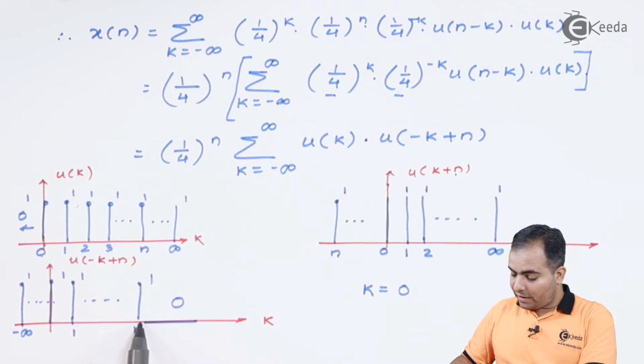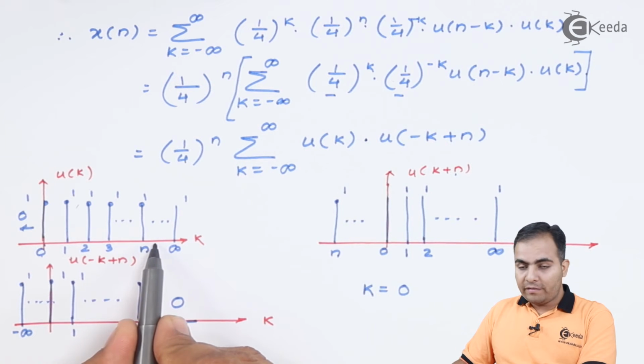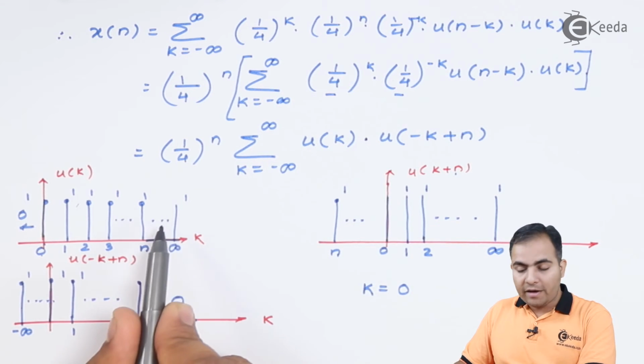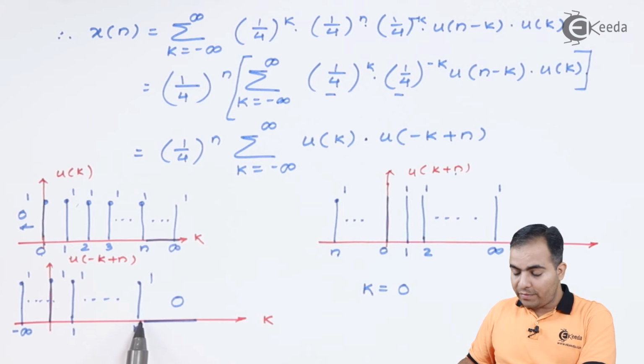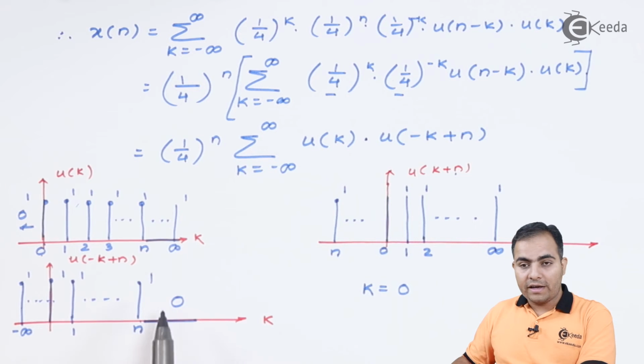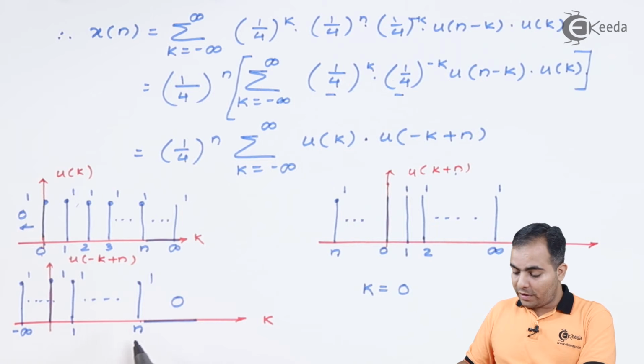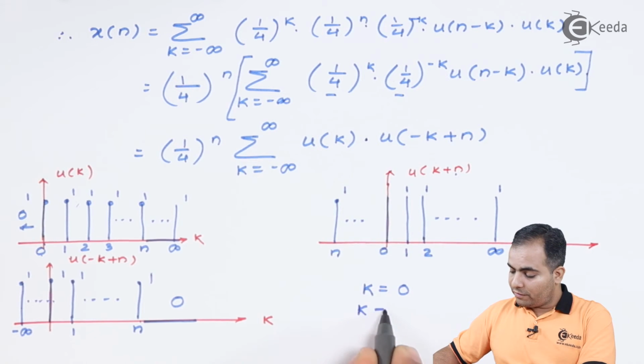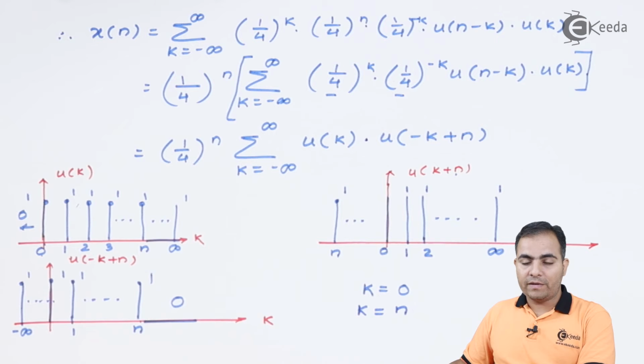The sample values after n have amplitude 1 in one graph but amplitude 0 in the other. So after multiplying both graphs, your product will terminate at n, and after n there is no sample value. So my k value will vary up to n.